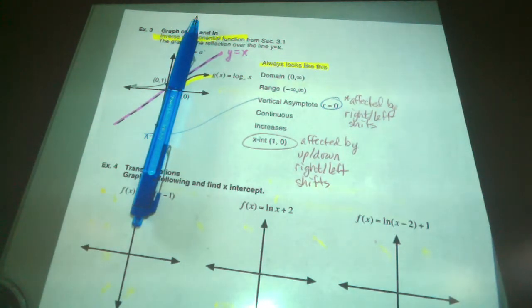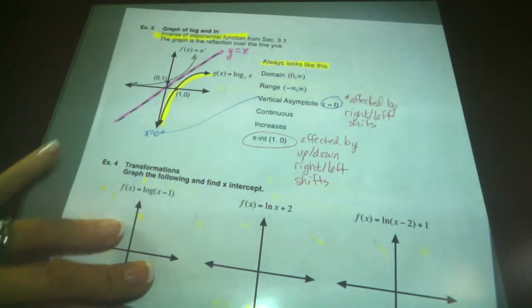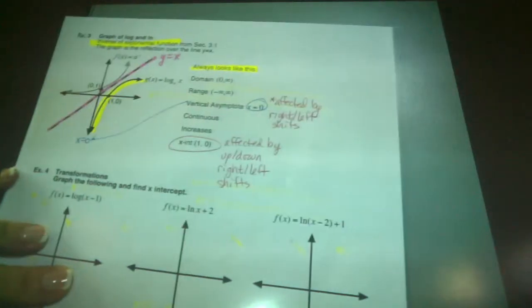You're also going to have some vertical and horizontal stretches, but those you'll be able to use your calculator to kind of help you with. But on a non-calculator portion of the exam, you ought to be able to move these two things without using your calculator. So before we do that, let's look to see what is the difference between the common log and the natural log graphs.